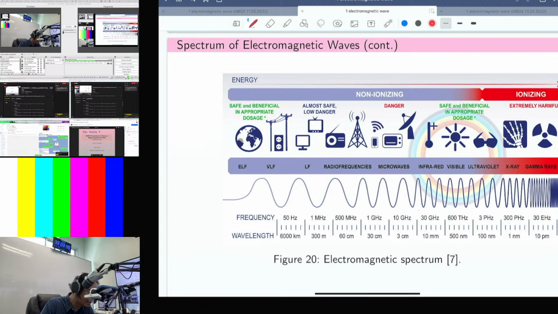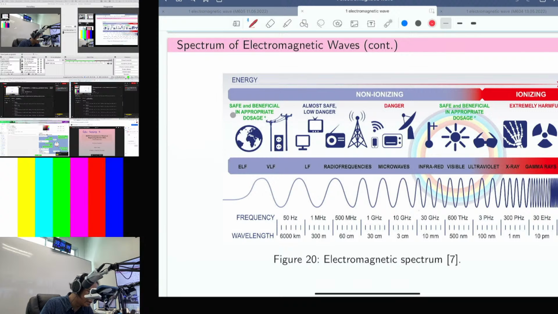This is called the extremely low frequency band. There could be many names of bands in the electromagnetic wave. This extremely low frequency has a special feature. It's safe and beneficial.